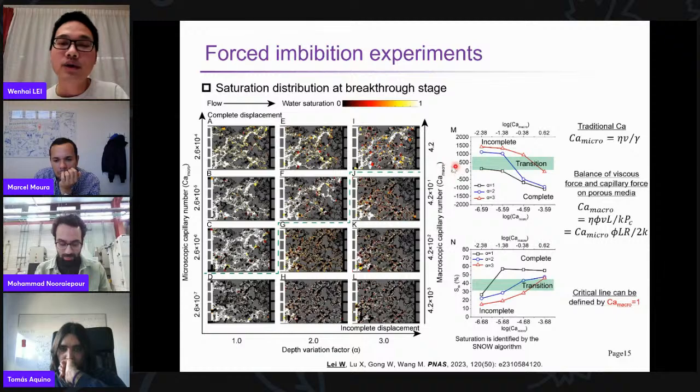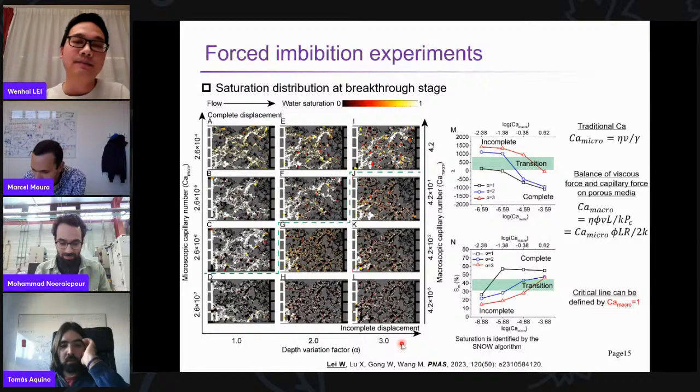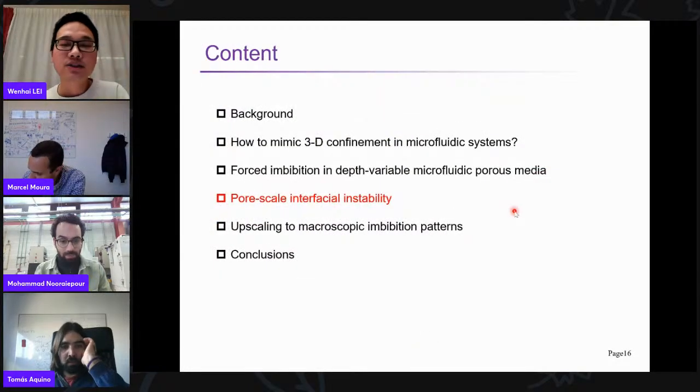Therefore, we get the critical Euler number and the water saturation, which is shown as the green area in this figure. This green area can be used to separate this phase diagram into complete displacement and incomplete displacement. After the macroscopic flow patterns are analyzed, we will go downscale to analyze the pore scale interfacial instability.